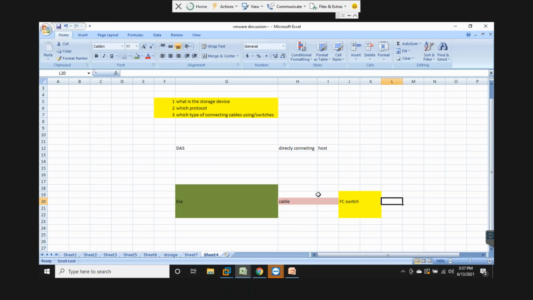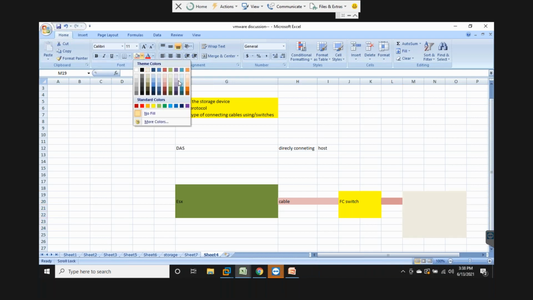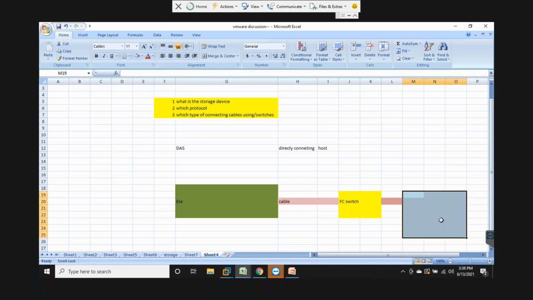Now this fiber switch is again connected to some cable, and this cable is going to a huge device. We call it a storage array or storage unit. It has a storage controller and storage devices, a number of disks, say 10 or 20 disks of 1 TB each, and then a cable is coming out.